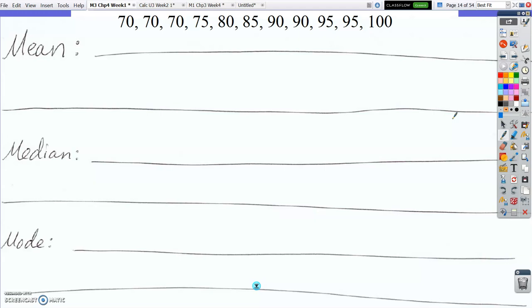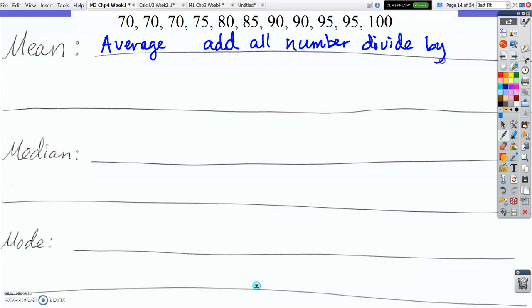So first we're going to define them. The mean is the average. And you find that by adding all the numbers and dividing by the total count.